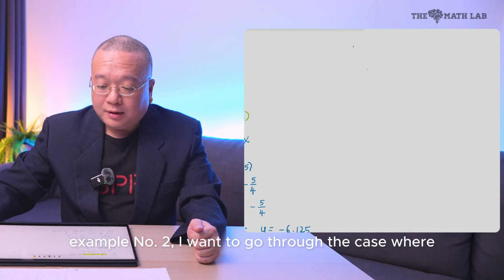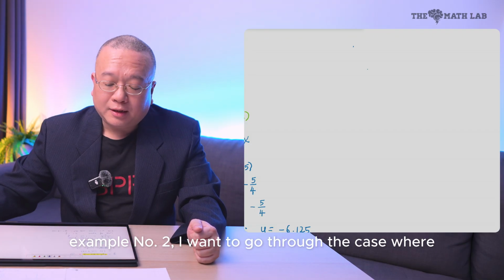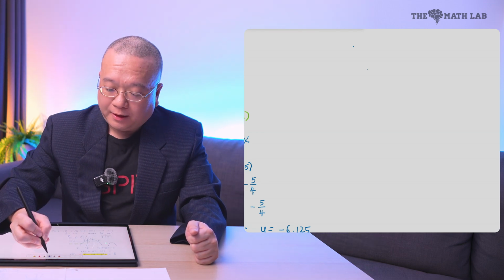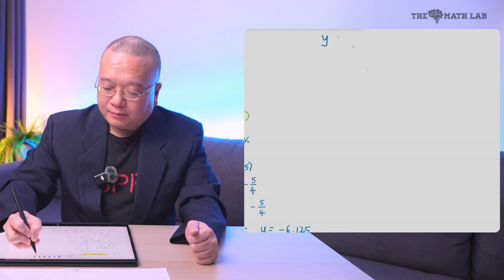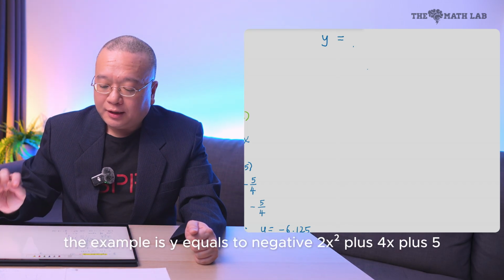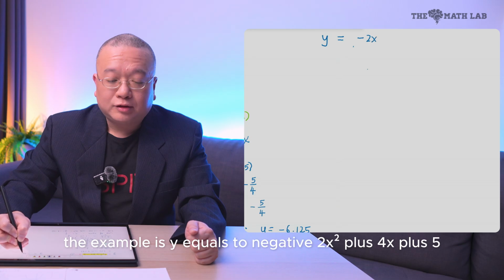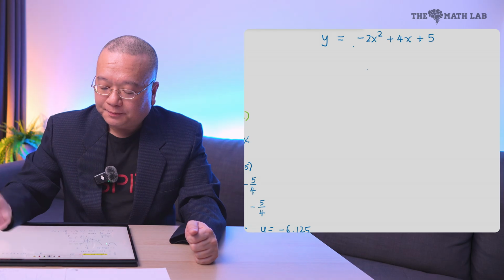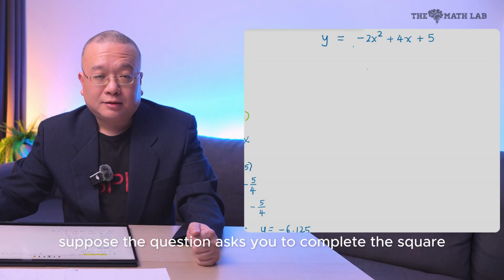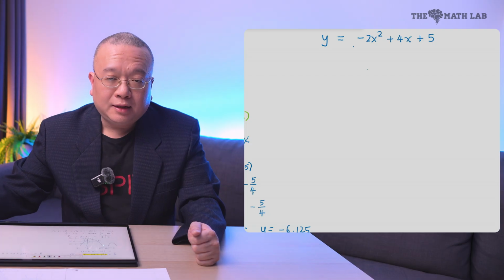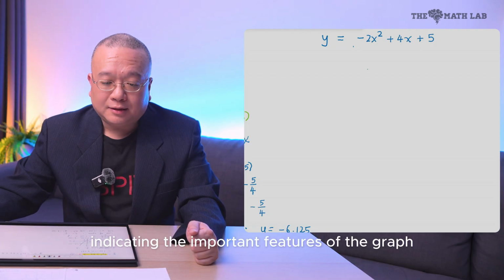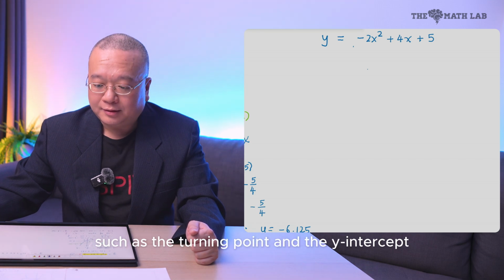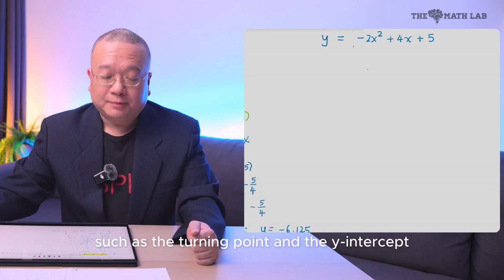Example number 2, I want to go through the case where you are asked to complete the square for a given expression. The example is y equals negative 2x squared plus 4x plus 5. Suppose the question asks you to complete the square and sketch the graph indicating the important features of the graph, such as the turning point and the y-intercept.